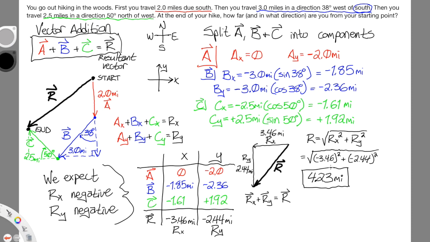Then to figure out in what direction we are from our starting location, go back to this triangle that you drew earlier, and label an angle in it, preferably one by the tail of the vector. So here's our tail of the vector. I've labeled that theta down there. Now some quick trigonometry can tell us, well, we know opposite and adjacent, so we're going to need tangent.